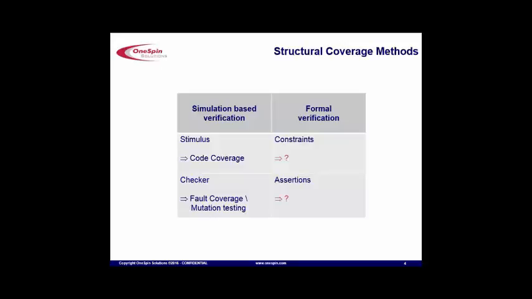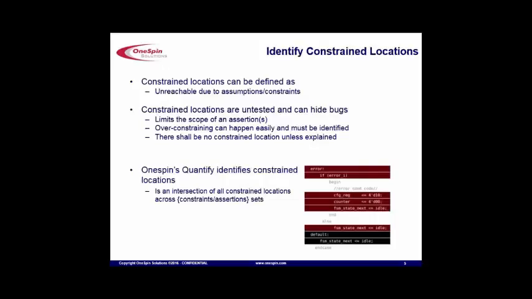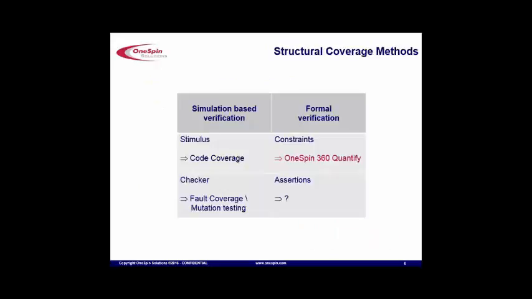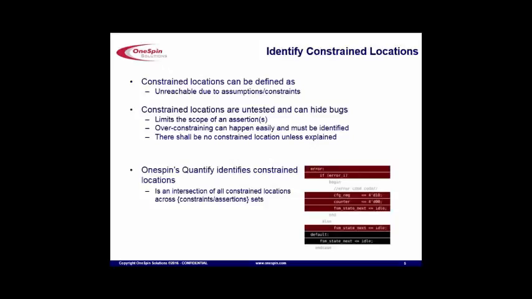In terms of formal verification, the first thing we need to do is identify constraint locations. Constraint locations are identified by essentially unreachable code locations. If we have such unreachable code locations, they obviously limit the scope of an assertion. Over-constraining can happen quite easily. If you make a typo in your assumptions, you might constrain out important code sections.